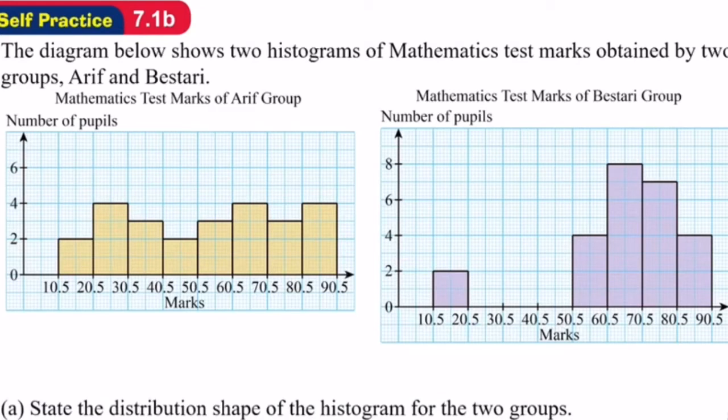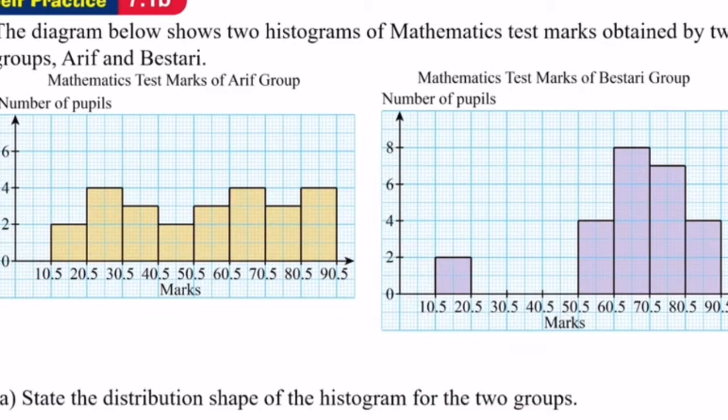Hello my dear students, let's have a look at the diagram below. It shows two histograms of mathematics test marks obtained by two groups, Arif and Bestari. Let's have a look at the mathematics test marks of the Arif group.